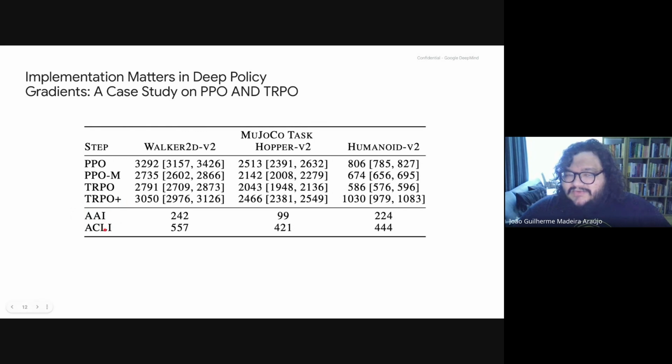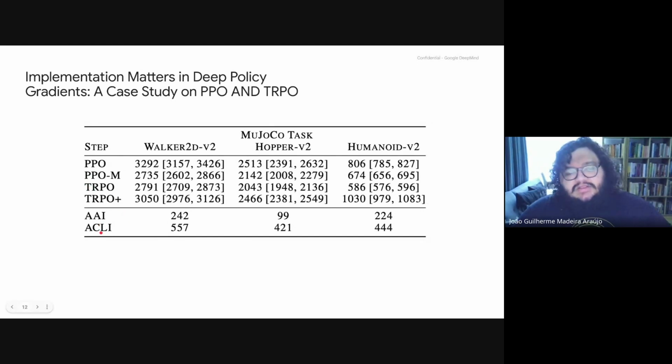I don't remember what the L stands for, but improvements. And this here is the maximum difference between things with the equivalent implementation details but different algorithms. So they take the difference between PPO and TRPO plus, and the difference between PPO-M and TRPO, and then they take the maximum between those two.